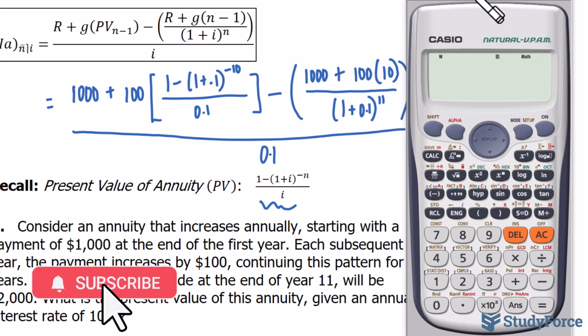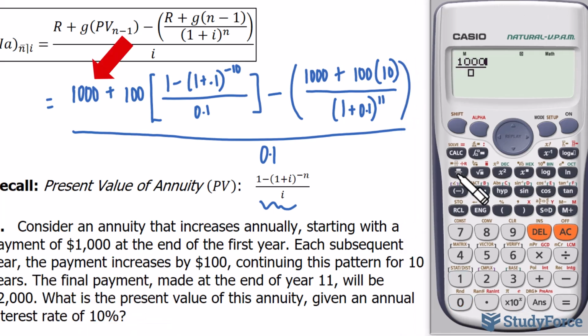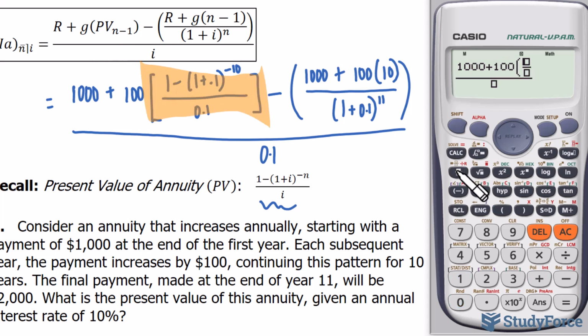So, we'll open up a fraction. So we have 1,000 plus 100, open. We'll open up another fraction, 1 take away 1.1, since 1 plus 0.1 is 1.1, and we'll raise that to the power of negative 10. At the bottom, we'll put down 0.1, and we'll close the bracket.